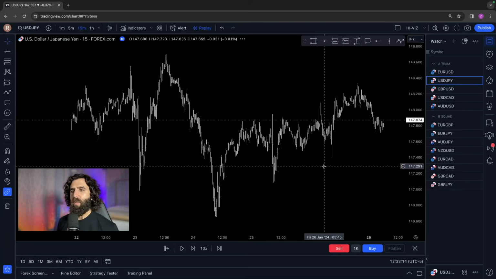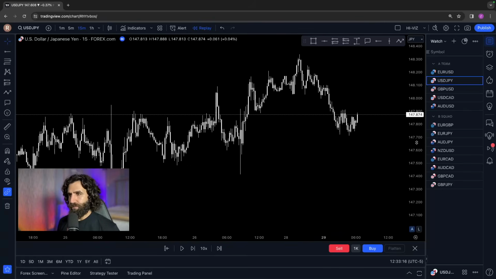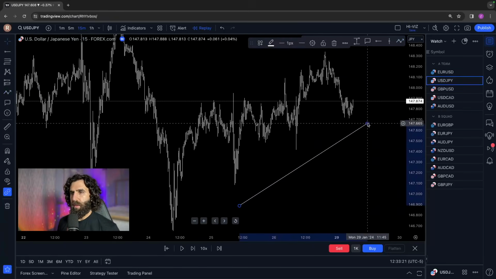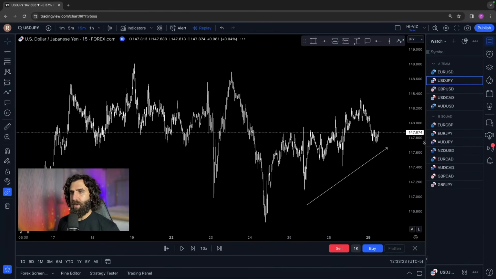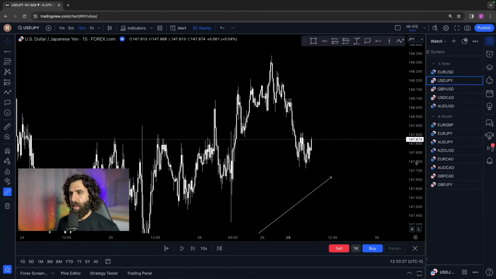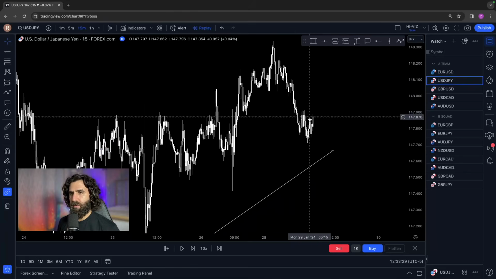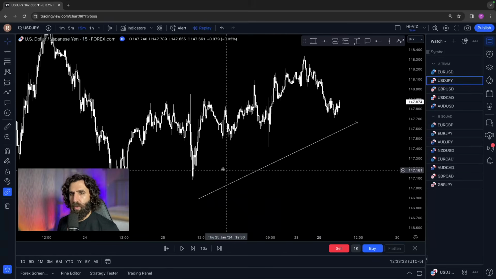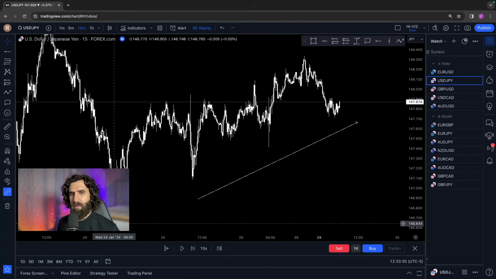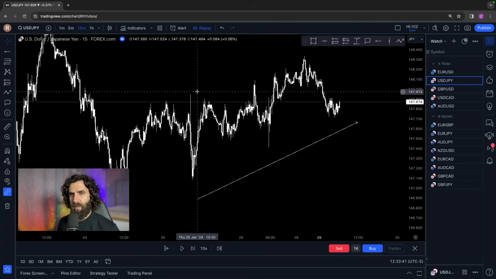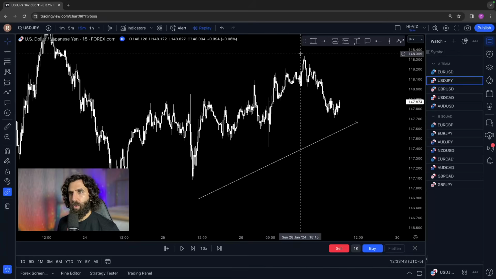So we went ahead, we dropped down to the 15-minute. We see this uptrend structure. It did pull back down here. And now we see price starting to form another uptrend. I'm not drawing a trend line here, but what I'm looking at is, okay, price came down, formed a low, pushed up, pulled back down, pushed up to break these highs over here, pulled back down, pushed up again.